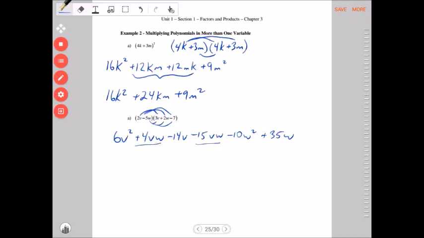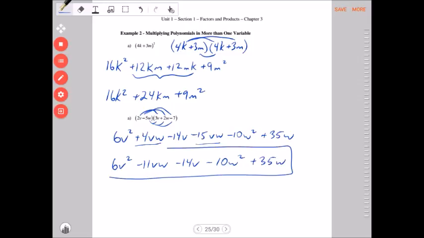We have plus 4vw and minus 15vw, and the order for the rest of these really doesn't matter, so let's just go in the order that they're already in. So 6v squared, plus 4 and minus 15 makes negative 11vw, minus 14v, minus 10w squared, plus 35w. So there you have the answer for that one.